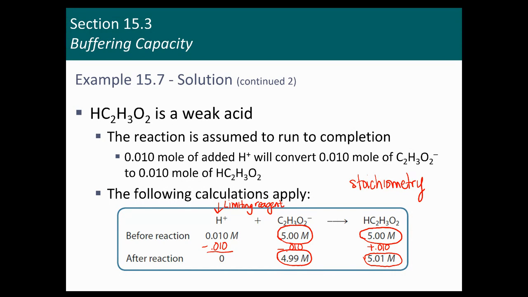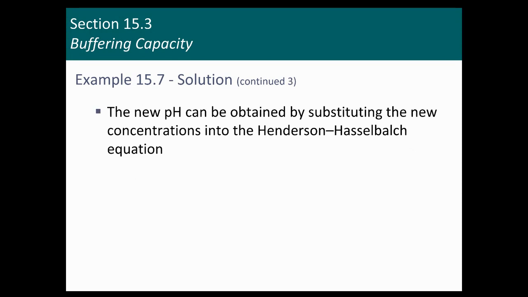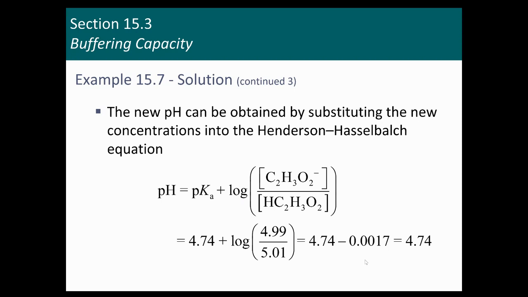So let's see what that's going to do to our numbers. Plugging back into Henderson-Hasselbalch, this is the new numbers. 4.99 for the base and 5.01 for the acid. And if you notice, because that change was so small, the pH still equals pKa.